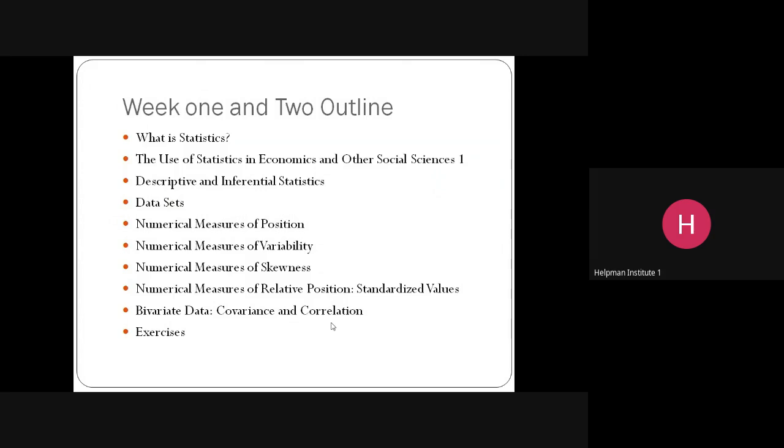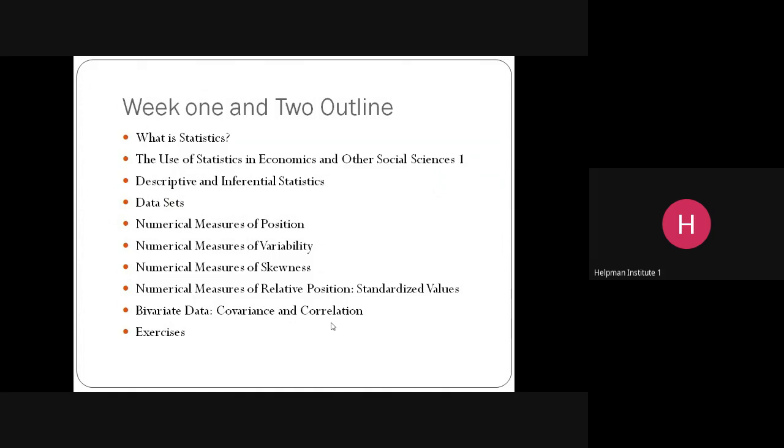The topics we're going to cover include what is statistics, the use of statistics in economics and other social sciences, descriptive and inferential statistics, data sets, numerical measures of position, numerical measures of variability, numerical measures of skewness, numerical measures of relative position, that's for standardized values.